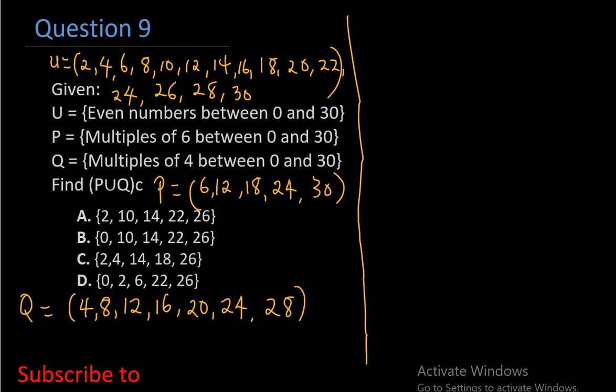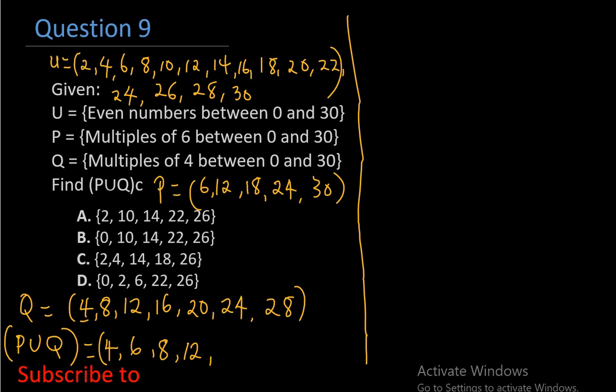Before we look for that, we need to find P union Q. That means what is in P and Q, but you must mention each number once. So what do they have in common? We have 4 in Q, 6 in P, 8 in Q. There's no 10, but there's 12 in both of them, so I'll pick one.